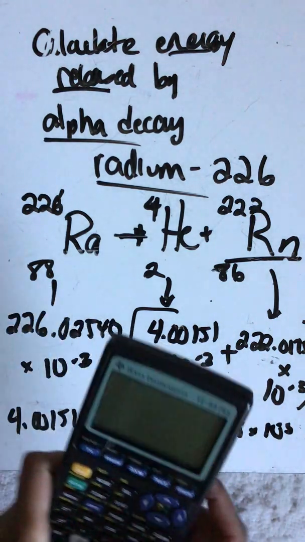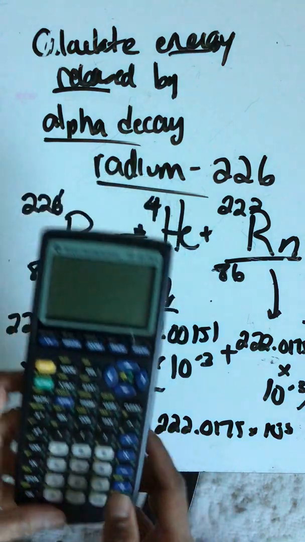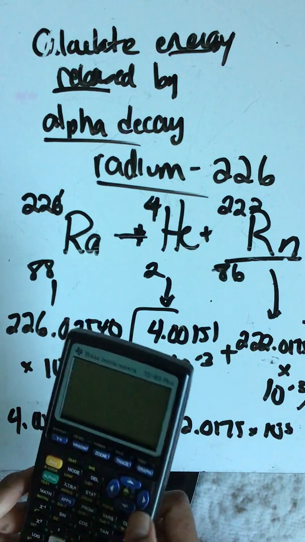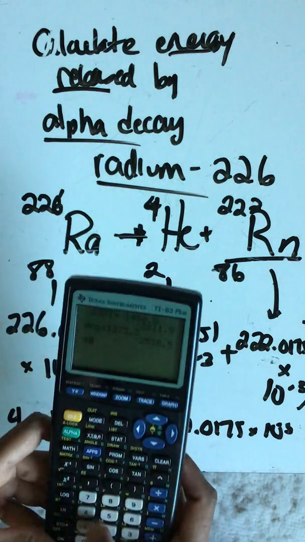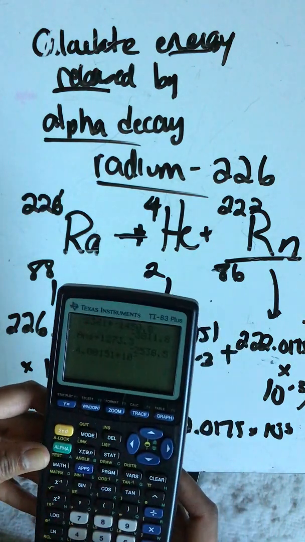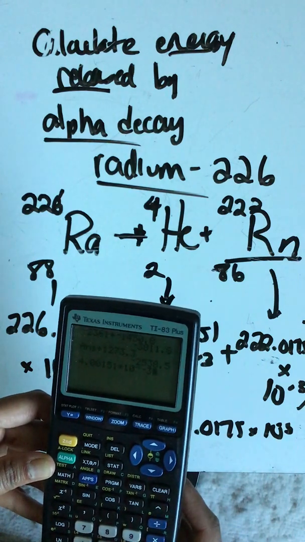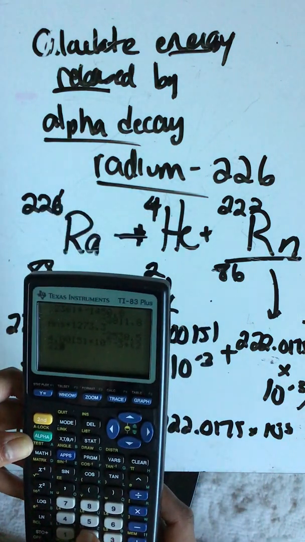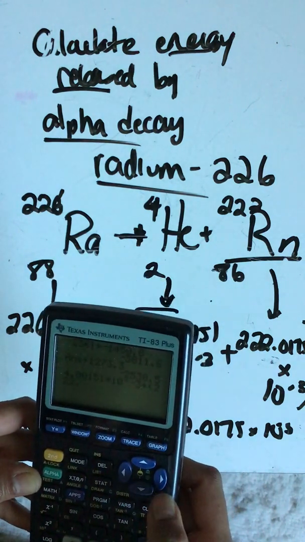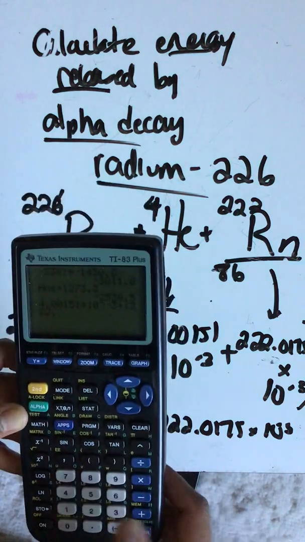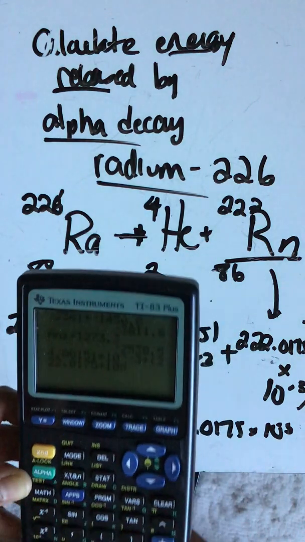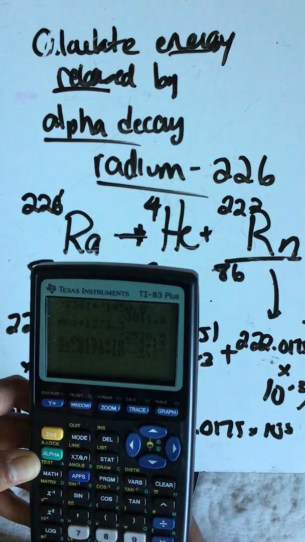And you can put that in your calculator. It's kind of this weird thing that you're doing. 4.00151 times 10 to the negative 3 plus bracket 222.0175 times 10 to the exponent negative 3 bracket equals.